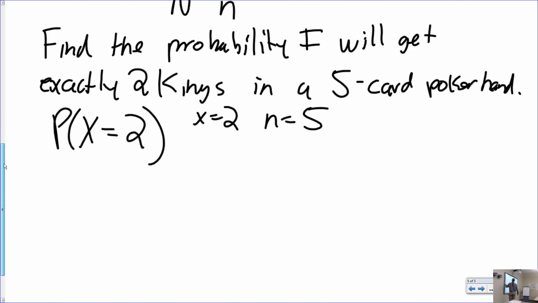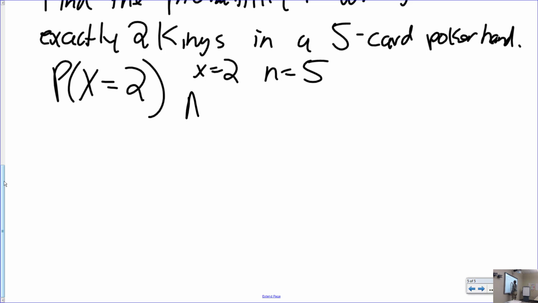How many cards are there in a deck of cards? 52. And how many kings are there in your deck? 4. And that's how you build the different numbers in your probability calculation.